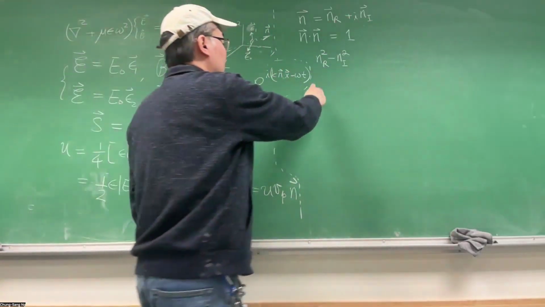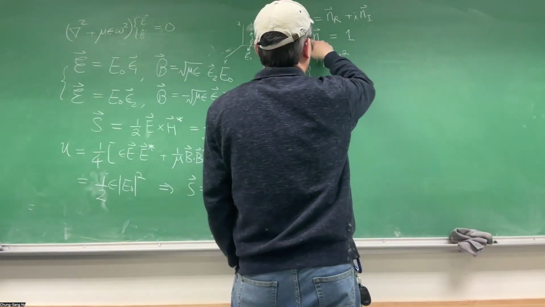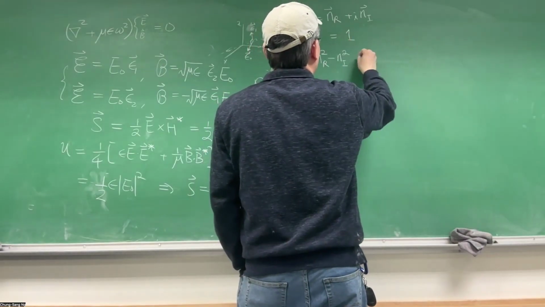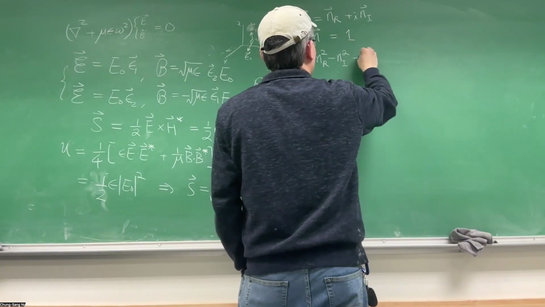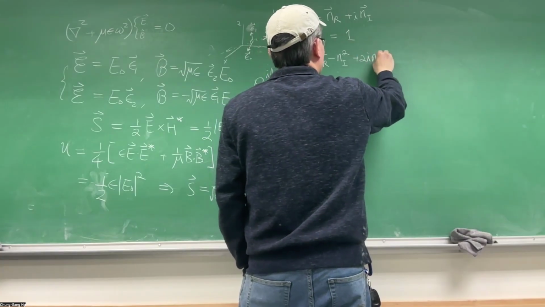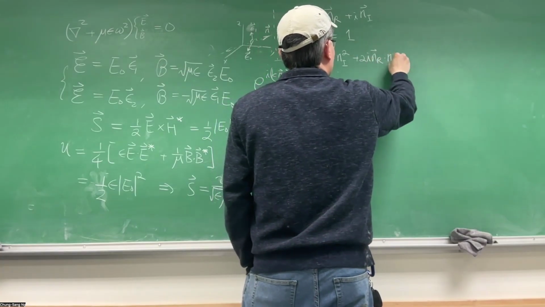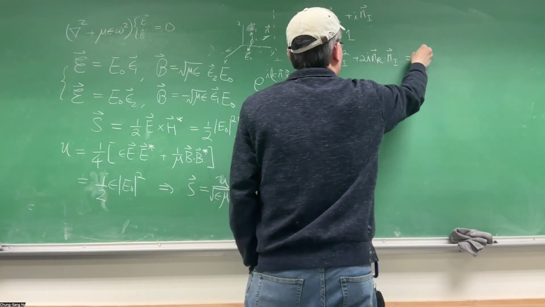Okay, so they satisfy this one. And the imaginary part is plus or minus 2i N_R dot N_I. That equals 1.